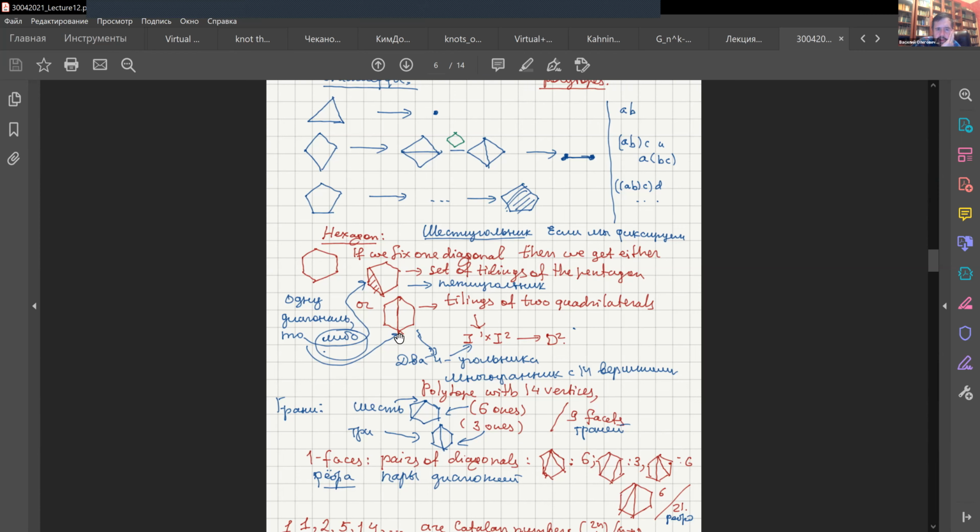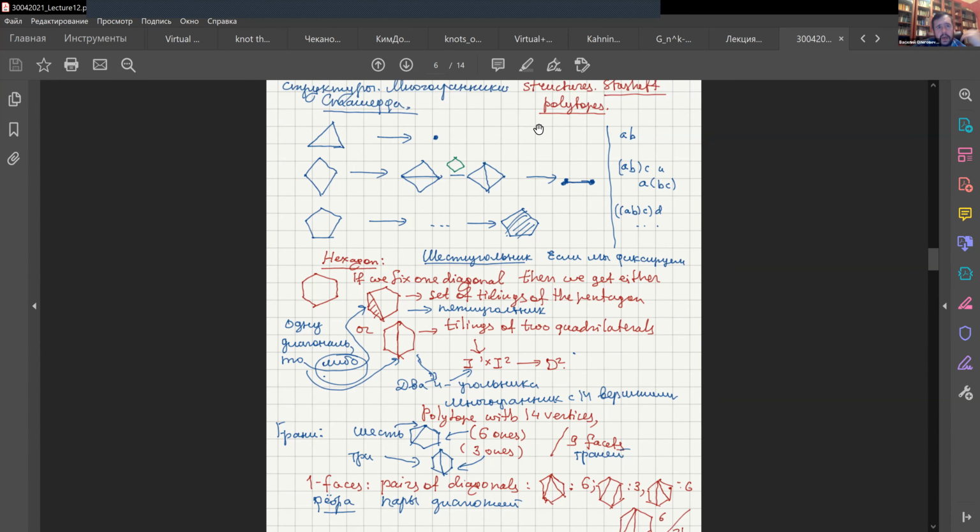So here I have a segment, a one-dimensional simplex, and here I have a one-dimensional simplex. So in total, I will have I1 times I1. Here I made a typo. So this is D2, so this will be a square. And if I cut out one triangle, I will have a pentagon, which gives rise to a pentagon.